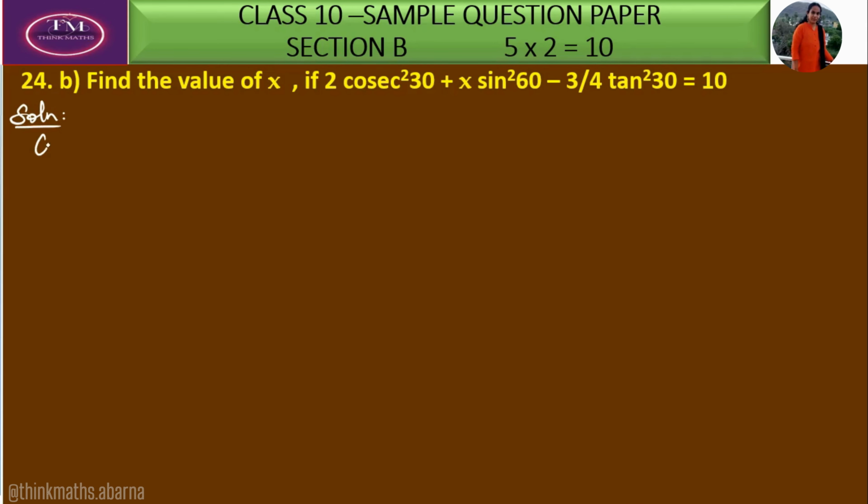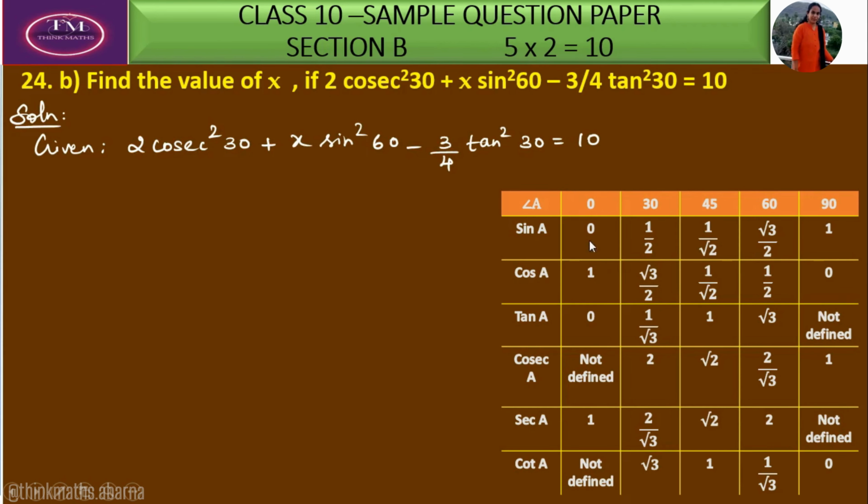What is given here? It is given that 2 cosec²30 + x sin²60 - 3/4 tan²30 is equal to 10. We all know the values, so let us use these trigonometric values.